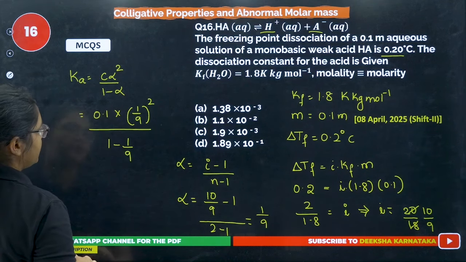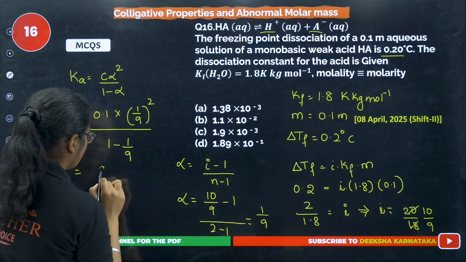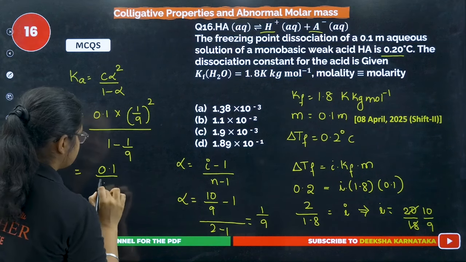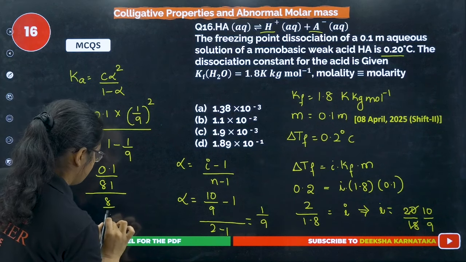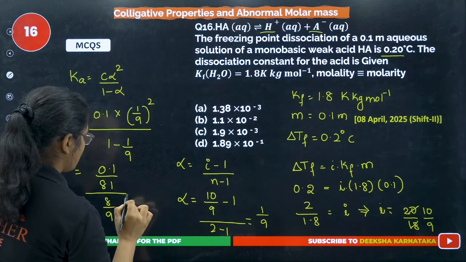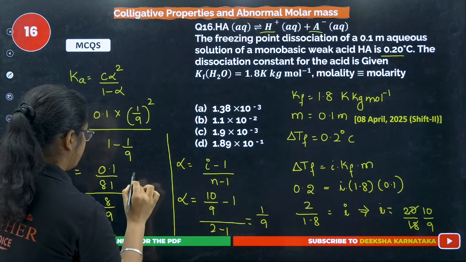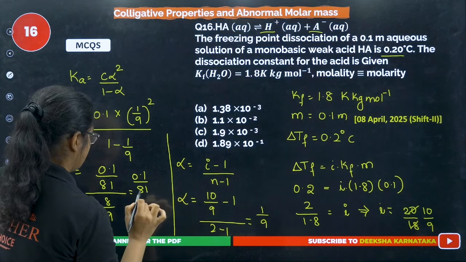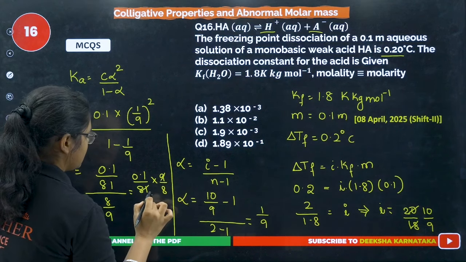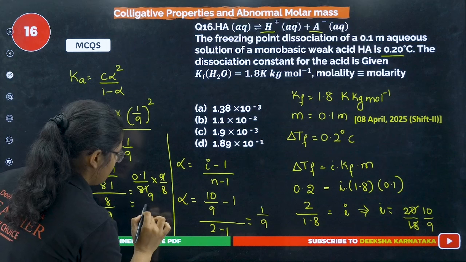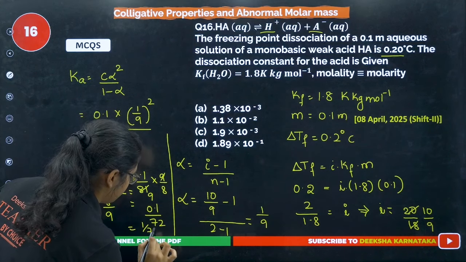Now this 9 square is 81, whole divided by 9 minus 1 is 8 by 9. If I solve this, I'll get 0.1 by 81 into 9 by 8. 9 ones are 9, 9 nines are 81. So I have 0.1 by 72, or 1 by 720.